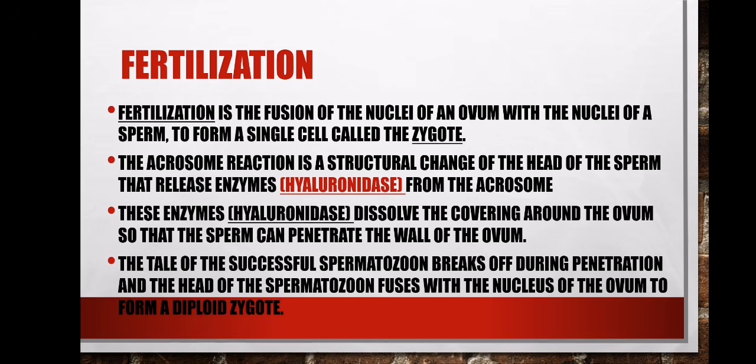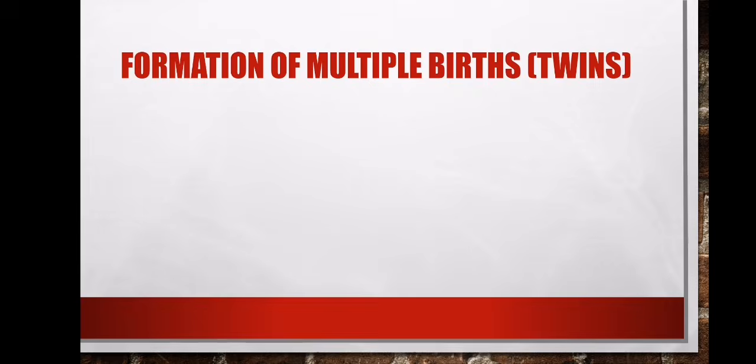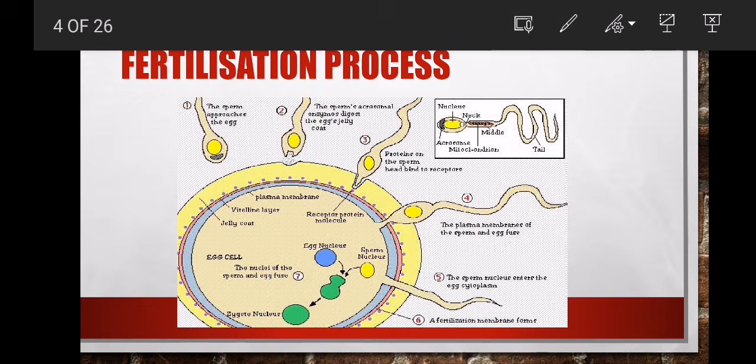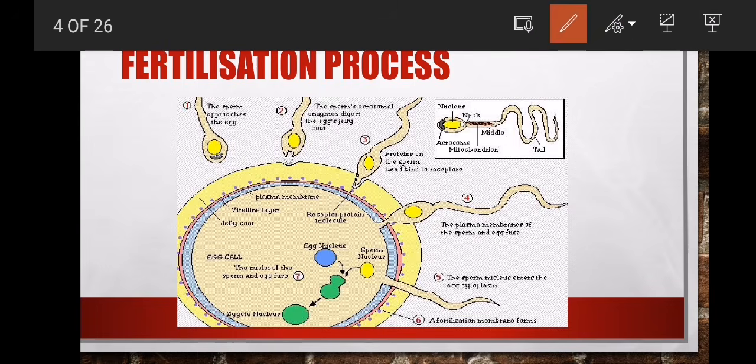But allow me to take you to a diagram which I believe will assist all of us to understand. This is the fertilization process, good people. This is your process 1, 2, 3, 4, 5, 6, and 7.